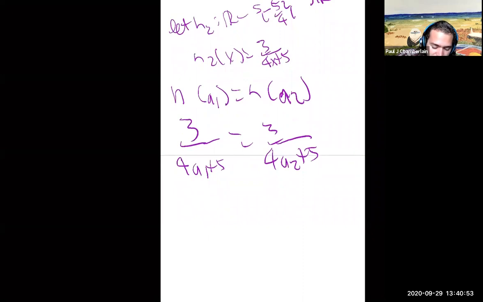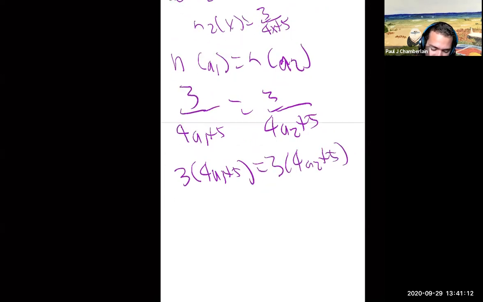And then you can multiply both sides here to get 3 times 4a2 plus 5 is equal to 3 times 4a1 plus 5. And then I'll drop the 3 from both sides to get 4a1 plus 5 equals 4a2 plus 5. And then drop the 5, 4a1 equals 4a2, and getting a1 equal to a2.